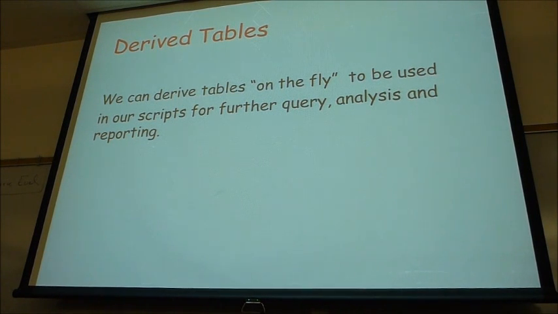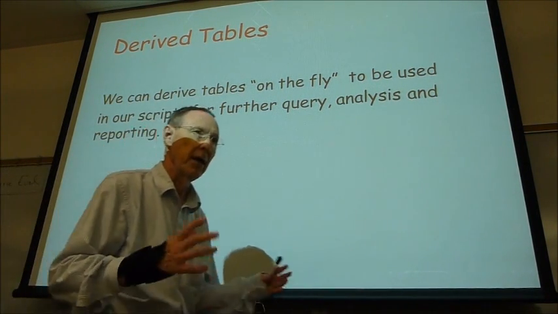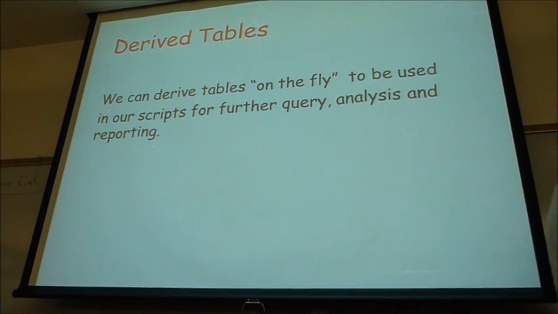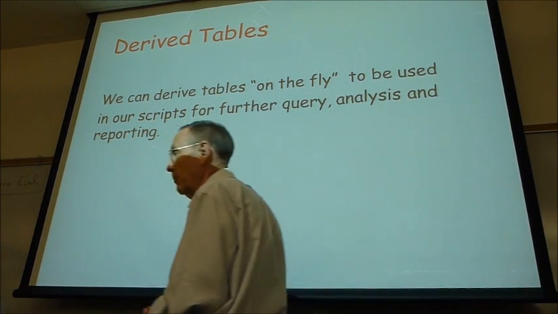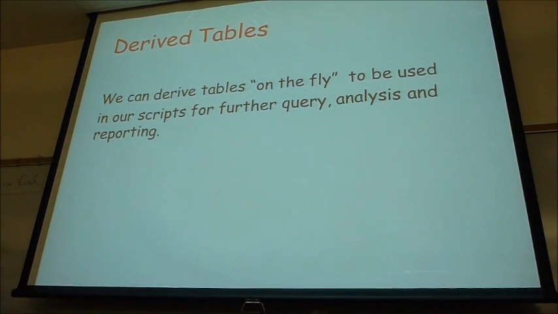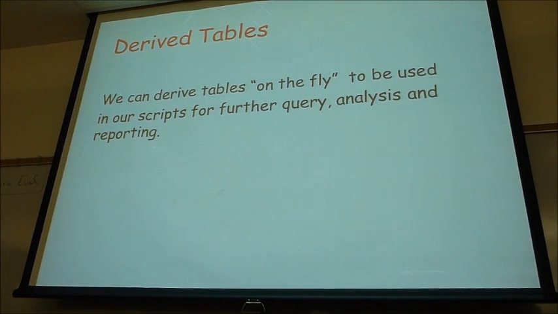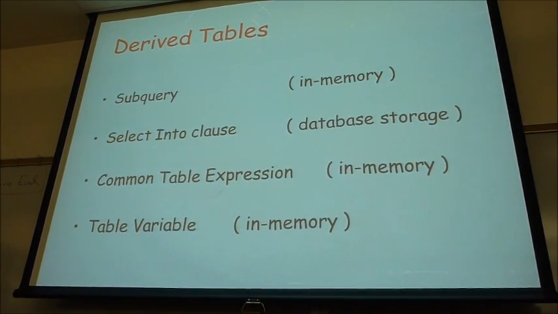That's usually what we do, and most of you are going to have that privilege. What you may not have the privilege of is creating your own tables, or using select into, which creates a temporary table in the temp database. But this is the way we can create temporary or derived tables. That's why I call them derived tables.